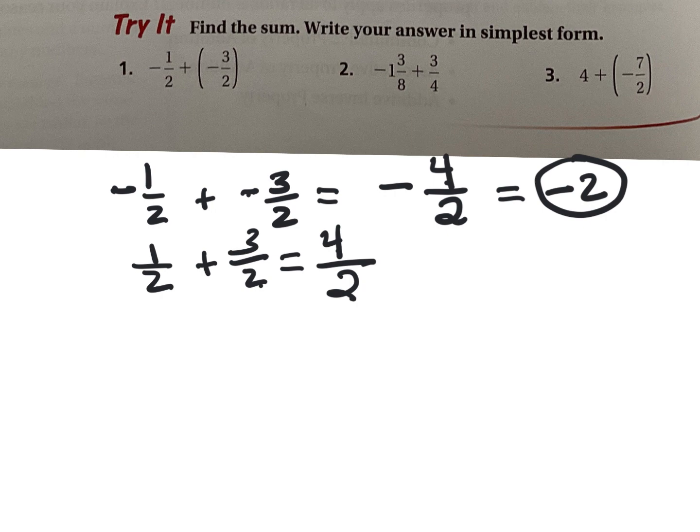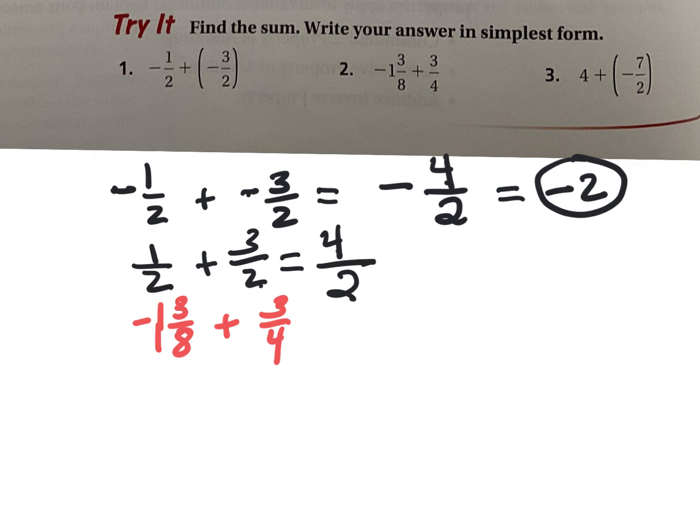All right, let's look at the second problem. We'll do this one in red. Negative 1 3/8 plus 3/4. Okay, there's a couple things here. We have a negative and a positive. So what we have to do is I want to get them with the same denominator and both being fractions, not mixed numbers.